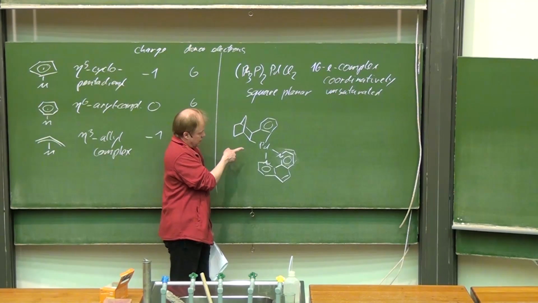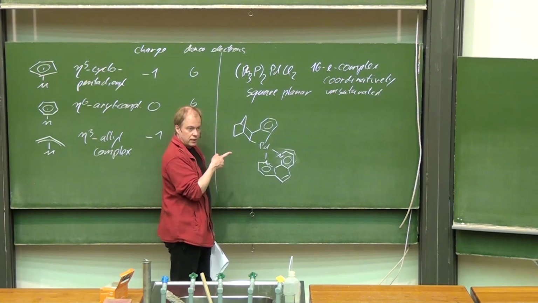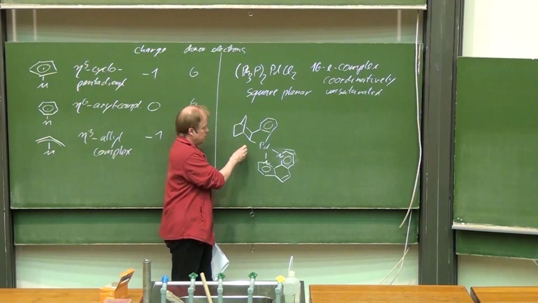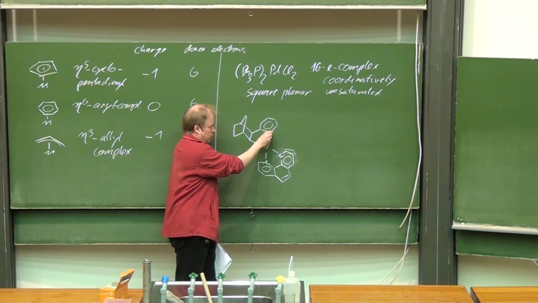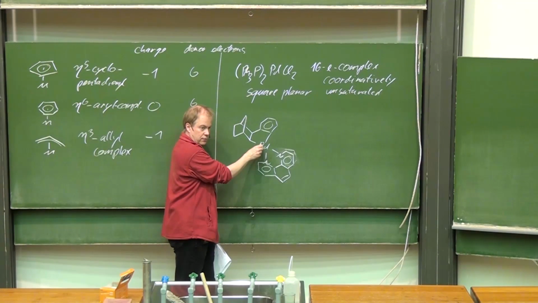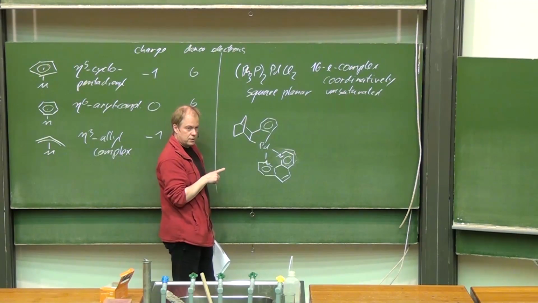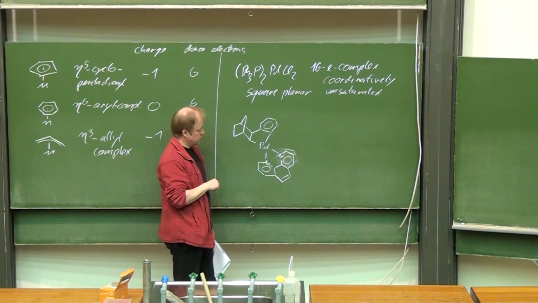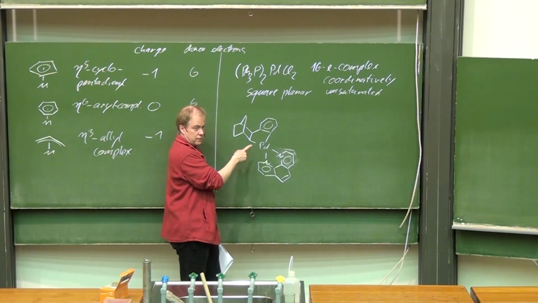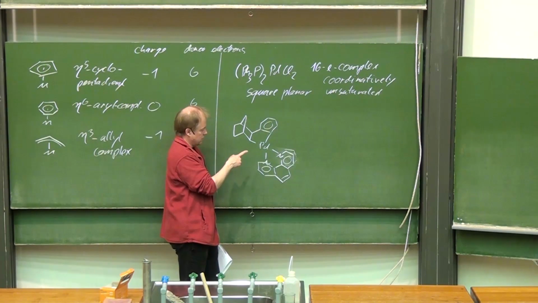Well, let's see. What kind of complex is that? It's also a 16 electron complex, coordinatively unsaturated. You see, -1, -1. That means this has the oxidation state of +2, the palladium. So, since we have 4 ligands delivering 2 electrons each, this is then a 16 electron complex.